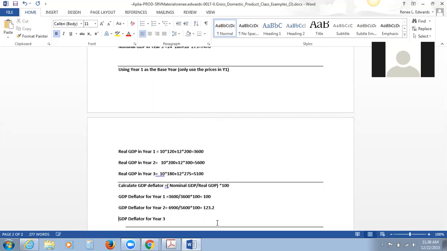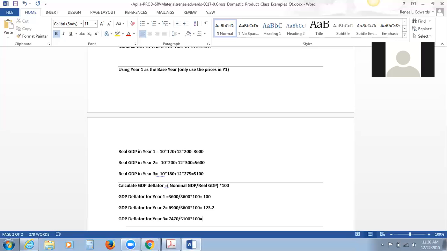All right, the GDP deflator in year 3. Nominal GDP in year 3, 7470, divided by 5,100, times 100.